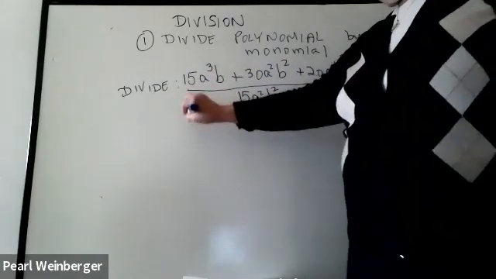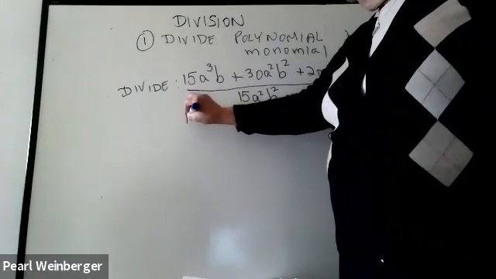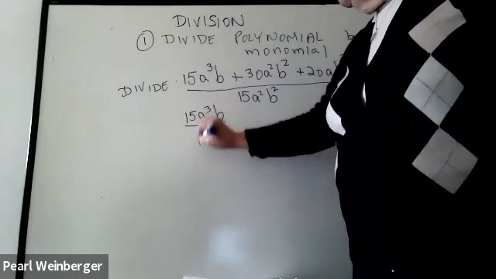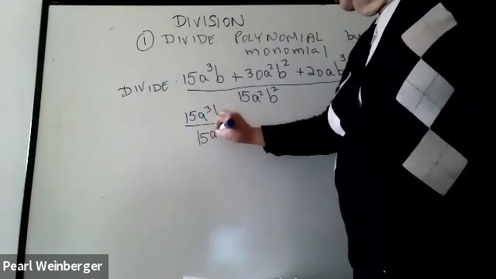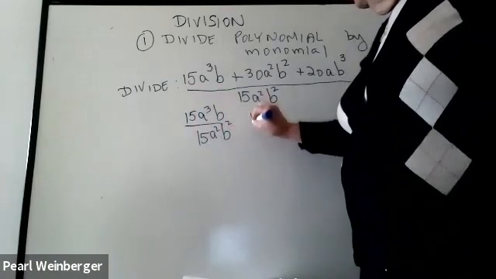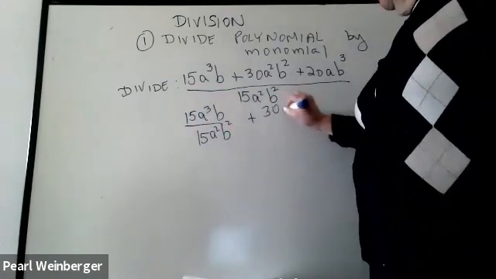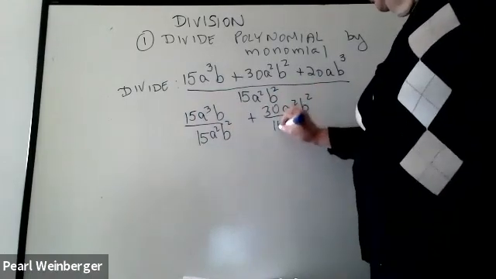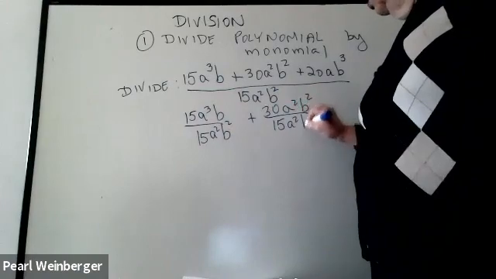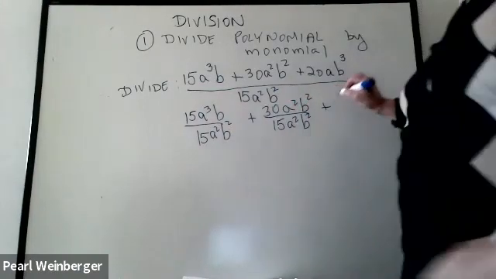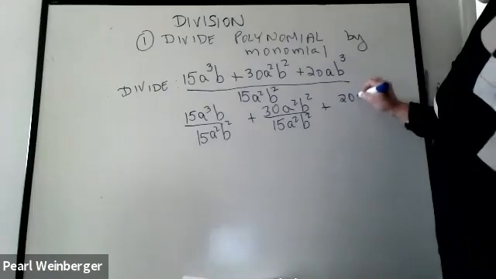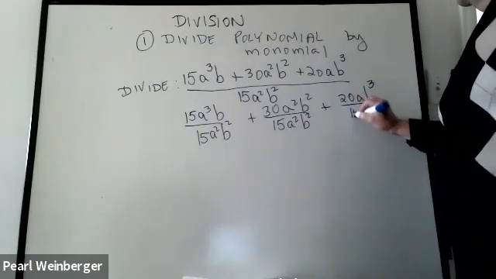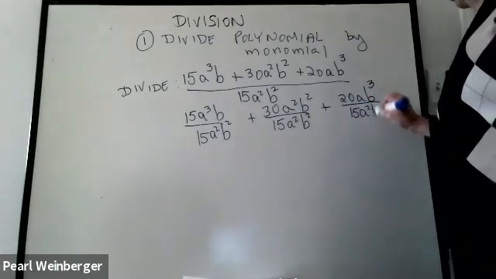In other words, we rewrite this as 15a third b over 15a squared b squared plus 30a squared b squared over 15a squared b squared plus 20ab third over 15a squared b squared.